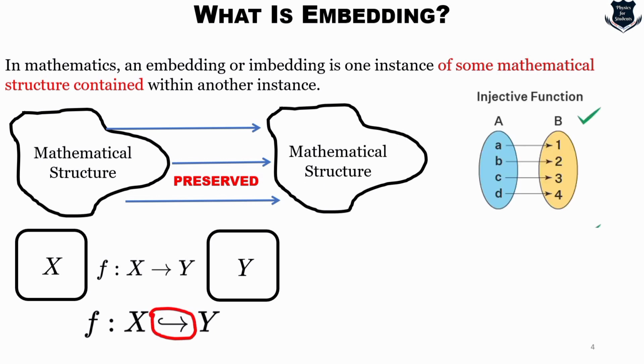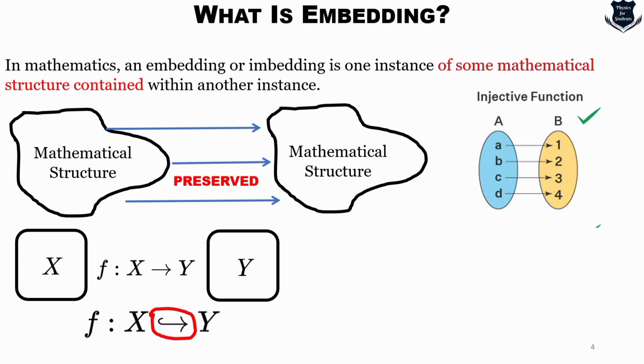And this is an injective function, nothing new to repeat. You all know what is an injective function, when each of the points of one domain has one particular partner in the other. So I will just repeat once more.